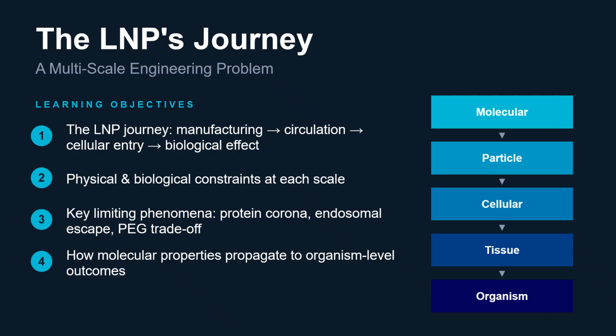That includes protein corona formation in circulation, endosomal escape, and the trade-offs introduced by pegylation. Finally, we will look at how molecular scale properties propagate upward to influence organism level efficacy and safety.